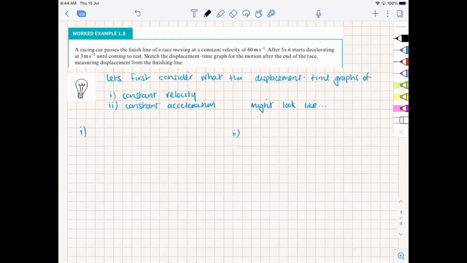It doesn't change, right? And what is the formula if we want to find displacement if we have constant velocity? We can use velocity times time to find displacement.